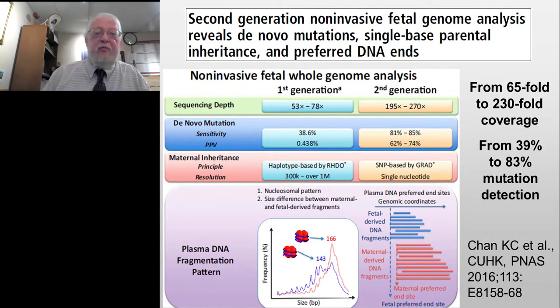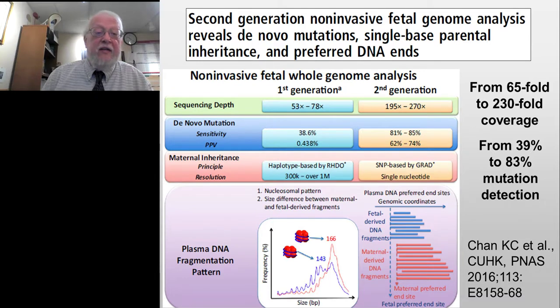And this same group, a group from Chinese University of Hong Kong, now has an updated method that just came out in 2016. And they went from 65-fold, which I just showed you was 9.3 billion reads, to 230-fold coverage, which is about 4 times more. So instead of 9 billion, it's now 36 billion aligned reads needed in the second generation.